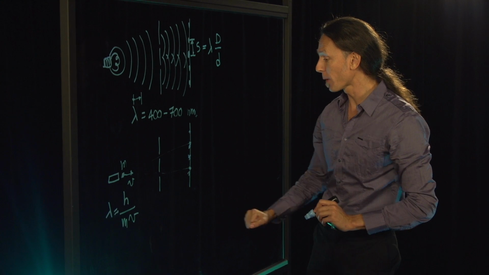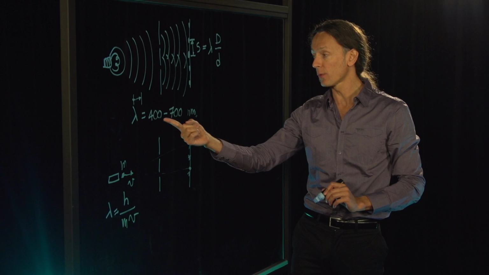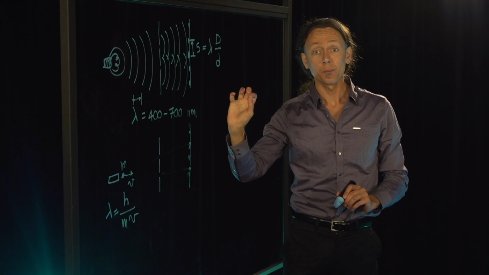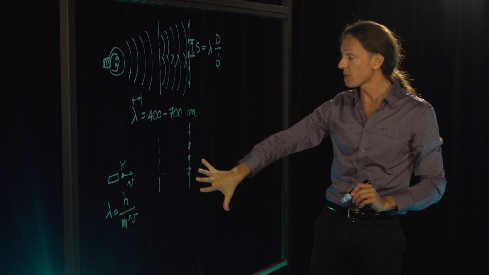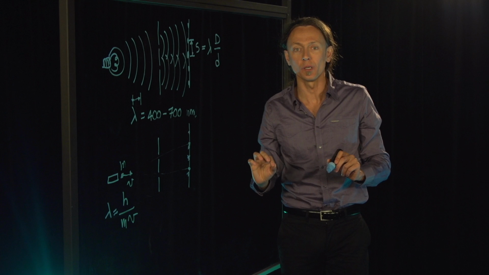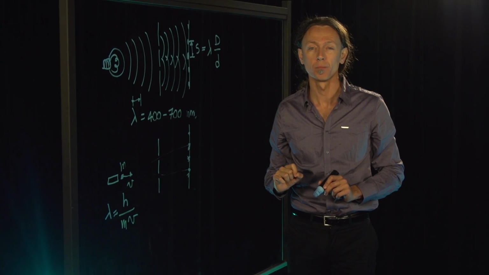In this case, for the proton, you will get a 400 nanometer wavelength, which is the same as violet light, with a velocity of 1 meter per second. So with the same apparatus, you can see the quantum interference of a proton, which means the proton has been in two places at the same time.